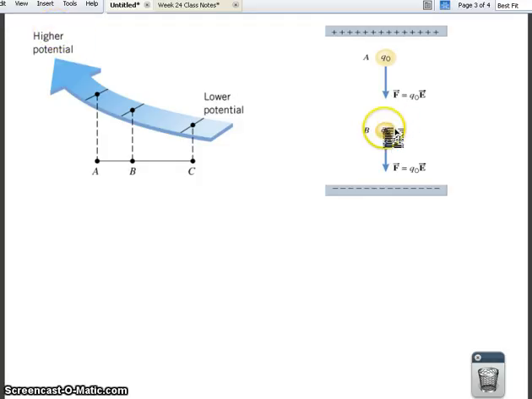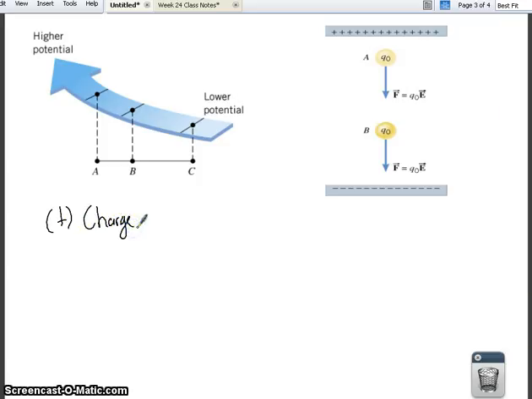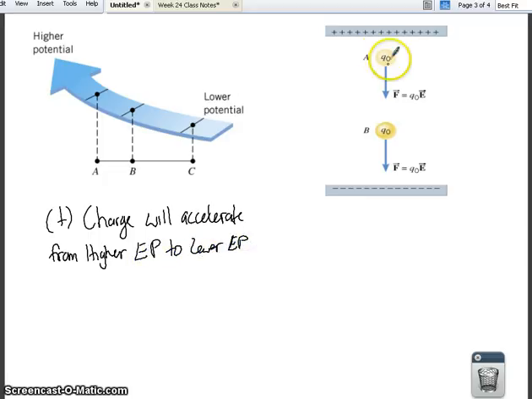If we have a positive test charge, so we're looking at a positive charge closer to A, a positive charge will accelerate from higher electric potential to lower electric potential. So for example, here we have positive and negative. It will accelerate downward because this positive is going to push it down.